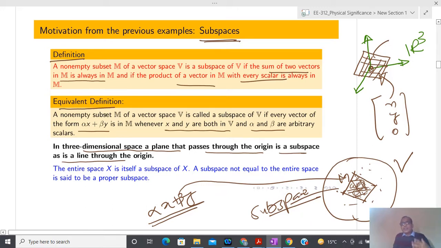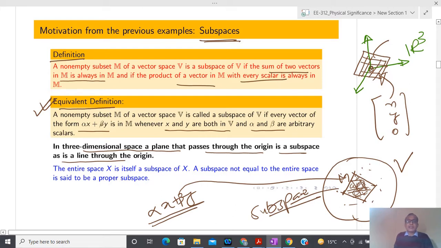So most of the time, the equivalent definition is very easy to apply to check something. Whenever some numerical problem or some realistic problem comes into the picture, there is no need to check the combination of two vectors inside this and after that the scalar multiplication.